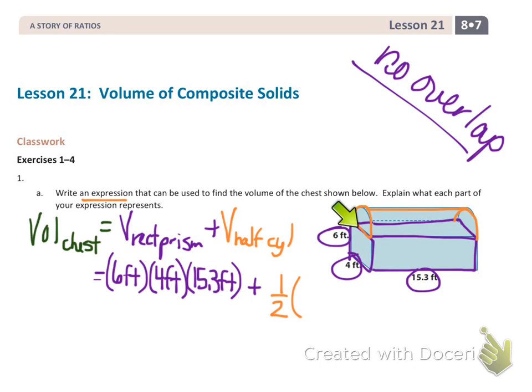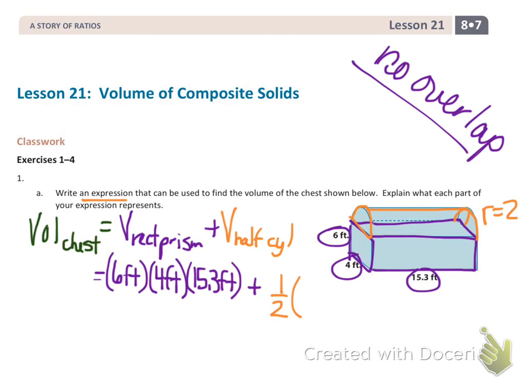Since we're assuming this is a half cylinder, that this is indeed a circular arc here, the radius would be 2 feet. Okay, so R equals 2 right there.